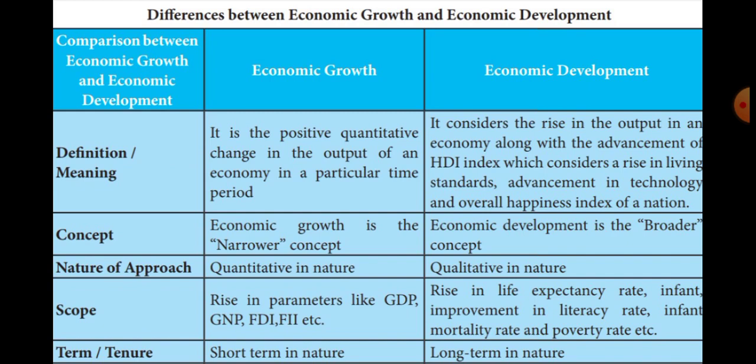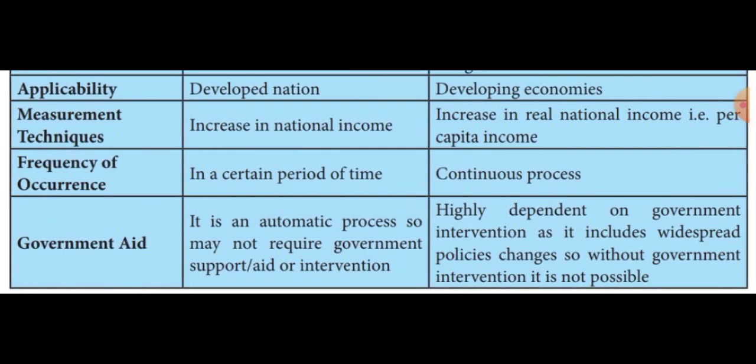Then we learned about the measurement techniques, frequency of occurrence, and government aid of economic growth and economic development. Then finally, we learned about wealth distribution of economic growth and economic development. These are among the 5 mark questions. From here, you have to learn 5 points.